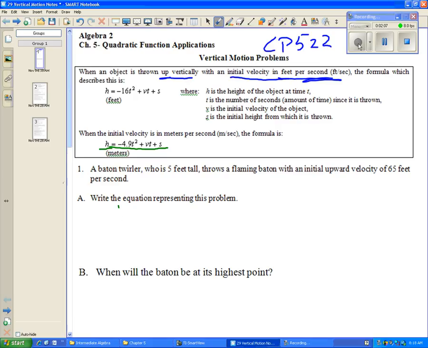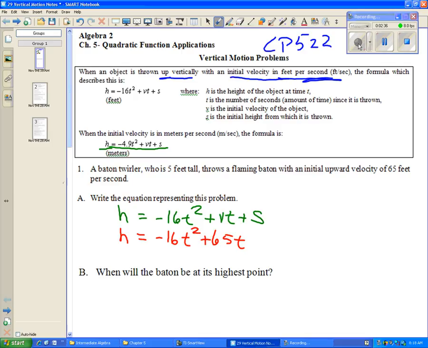Well, again, I'm going to start with h is equal to negative 16t squared plus vt plus s. Plug in what I know. I don't know the height, that stays h. The negative 16 stays the same. The time I don't know, so that stays t. My initial velocity is 65 feet per second, so my v is 65, t stays the same.